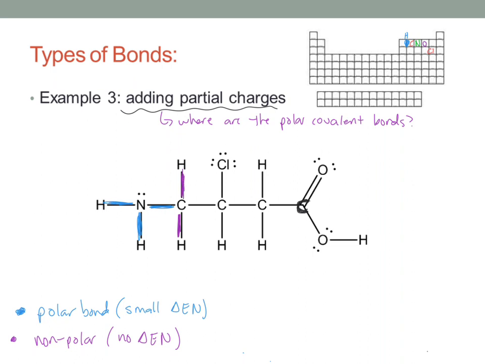CC, those are the exact same element, so that's definitely no difference in electronegativity since they're the same element. Here's another CH, another CC, another CH, another CH, another CC. So I know that all those bonds are nonpolar bonds, so I do not need to put partial charges for those. Now, if I look at CCl, they do have a small difference in electronegativity.